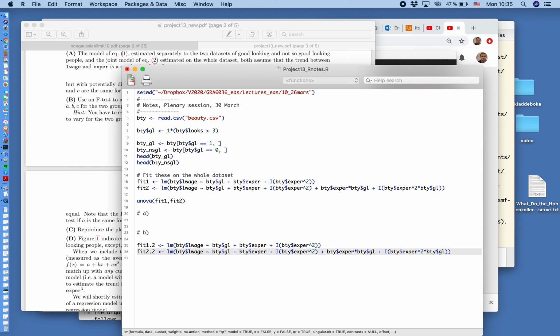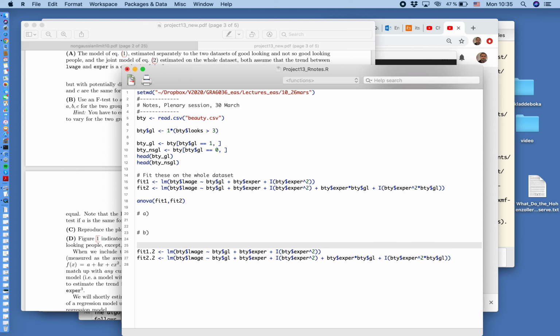Let's be clear about what our null hypothesis is. We still have beta 4 equals 0 and beta 5 equals 0.